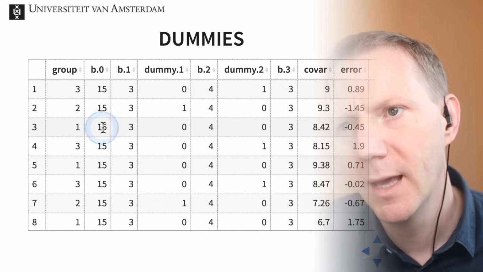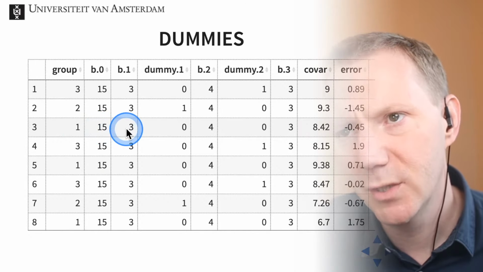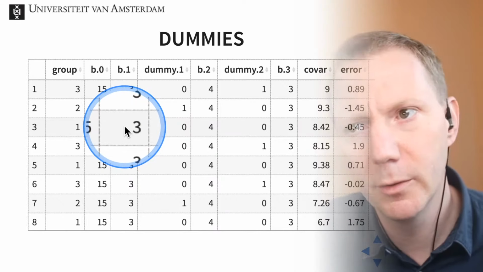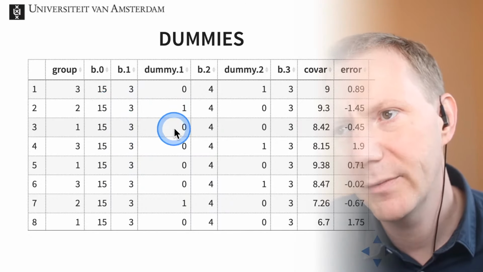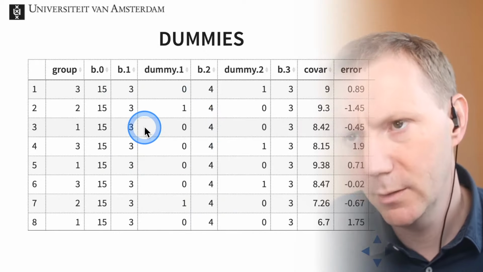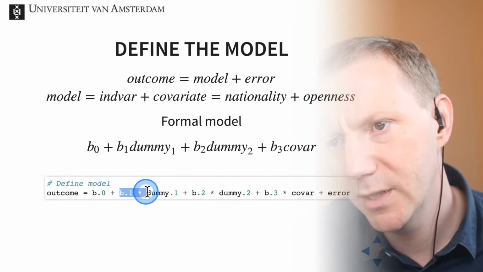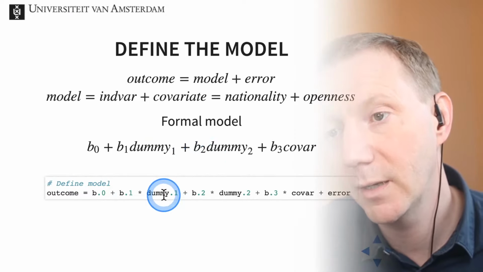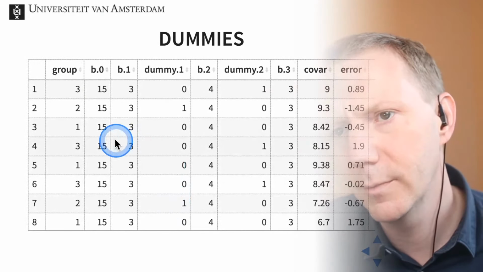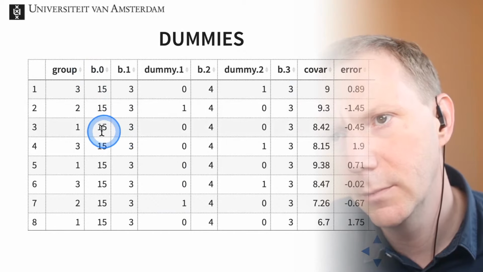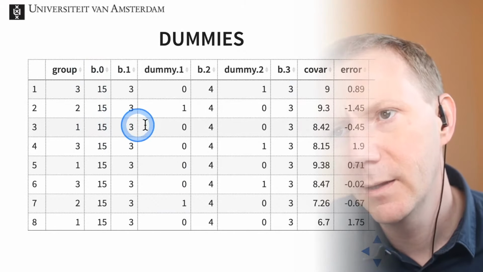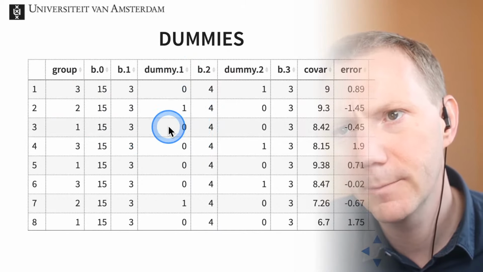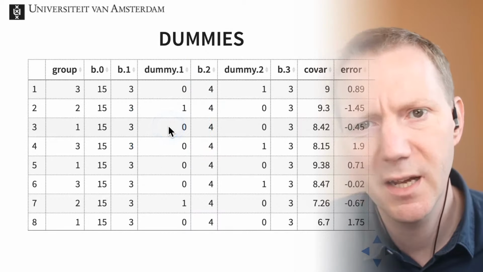Okay. My beta coefficient for the first dummy variable is also 3, but I have to multiply it with 0. So as we look here, my beta coefficient 1 is multiplied by the dummy variable 1. So if I am looking at this person, what does the dummy variable say here? What does it state?